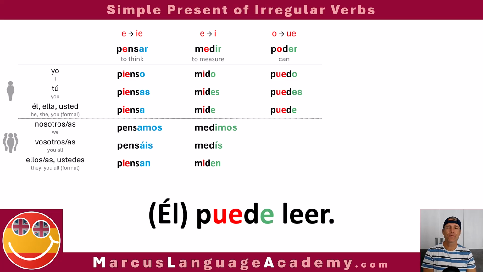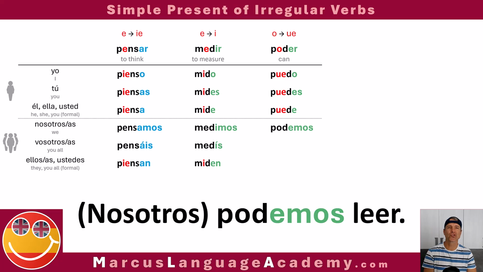And what do you think with nosotros? It's regular, yes, correct. Nosotros podemos leer. We can read. And with vosotros, it's podéis, not podimos, because poder ends in ER. So we have to be careful, because medimos, podemos.